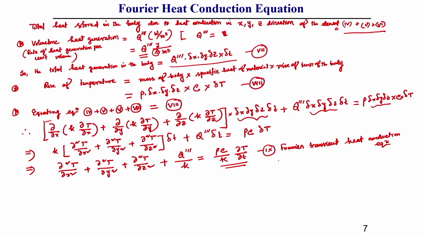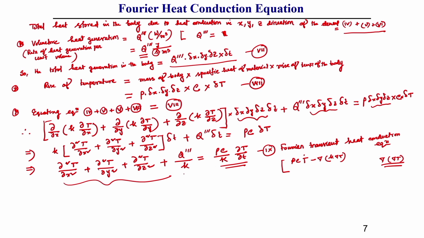There I have shown that equation, and I am just going to write that equation in differential form, like rho c T dot minus grad into k grad T. This grad into grad T generally gives these first three terms if k is constant.